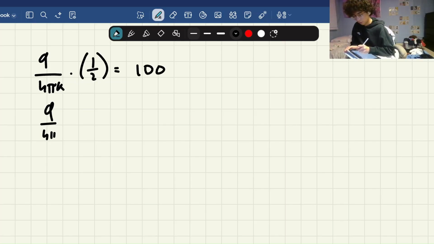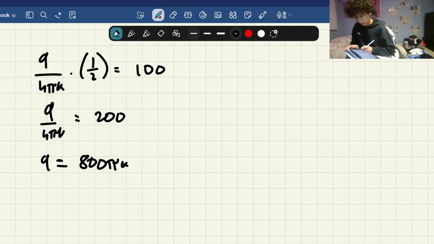So Q over 4 pi k is equal to 200. So Q is equal to 800 pi k.